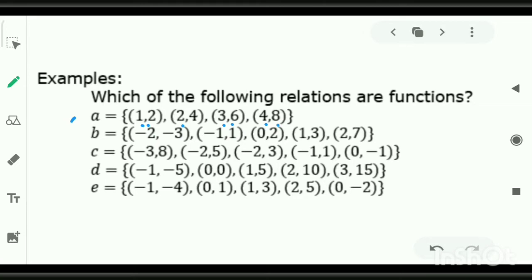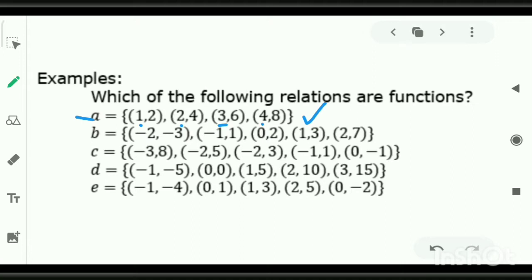So there should be different x elements in all of our ordered pairs. Okay, so let's inspect A. The x elements are 1, 2, 3, 4. So there is no duplication of the first element, which is x. Therefore, set A is a function.